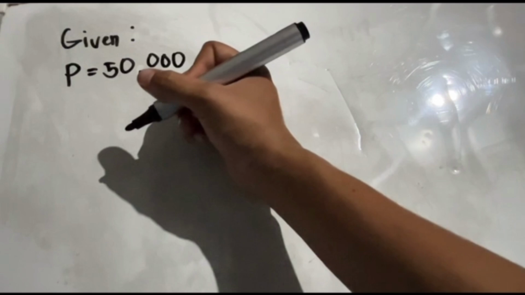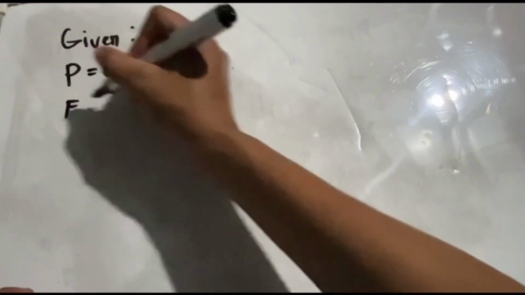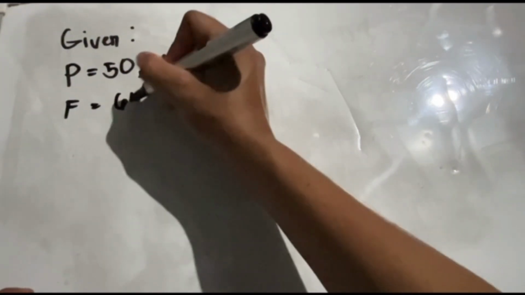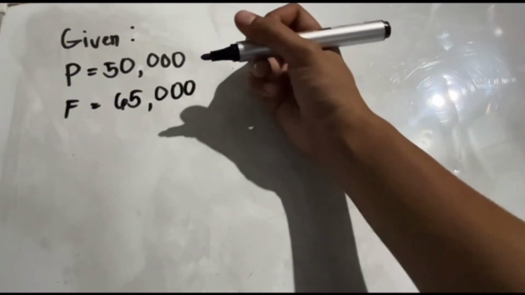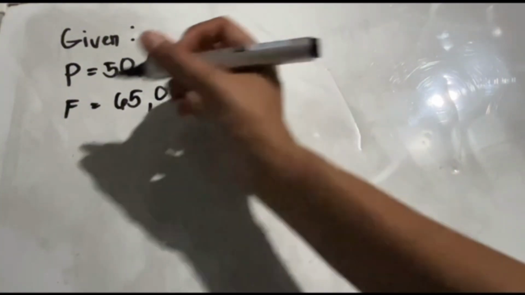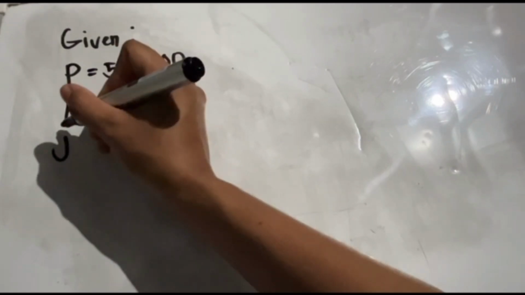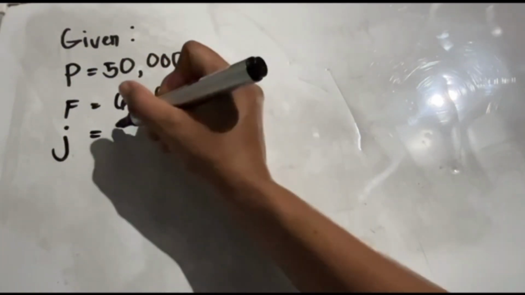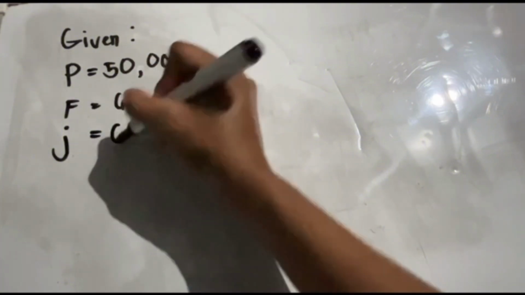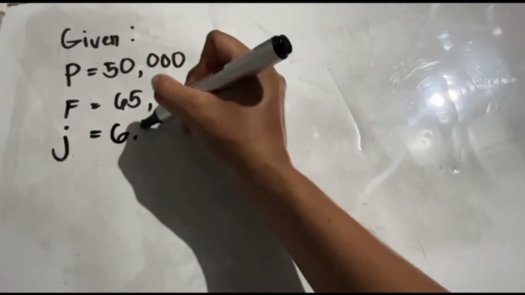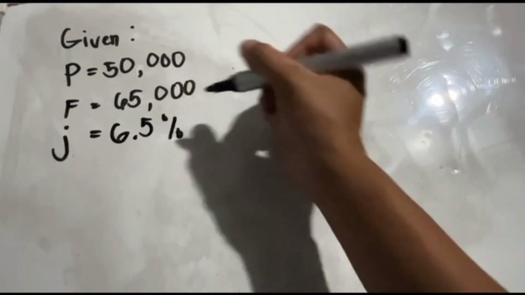The gross is the future value, so future value is 65,000. And the interest rate, I'm just using this time letter J, is 6.5%.